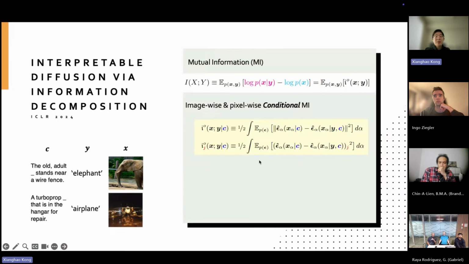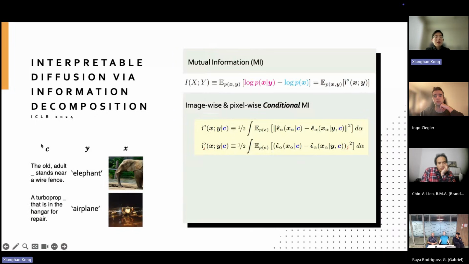So we can calculate this kind of conditional mutual information. What does it mean? We want to evaluate the mutual information between X and Y, but subtract the information in C, removing the information in C when we evaluate X and Y.